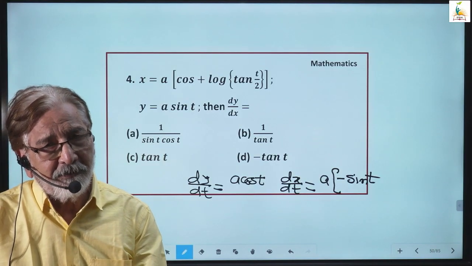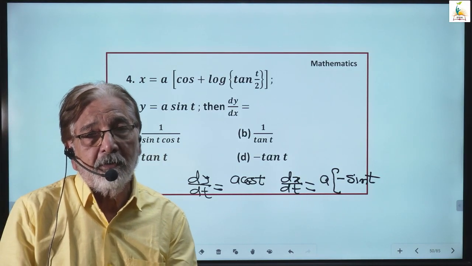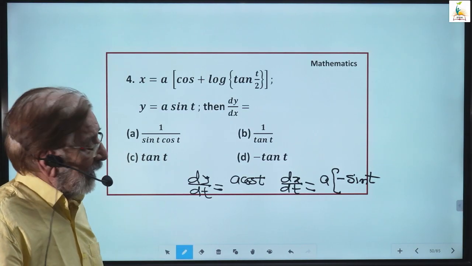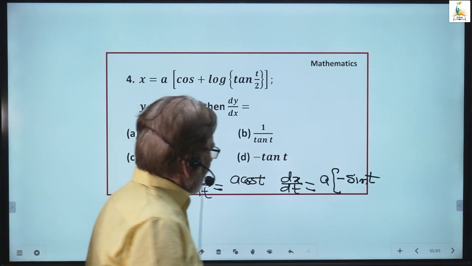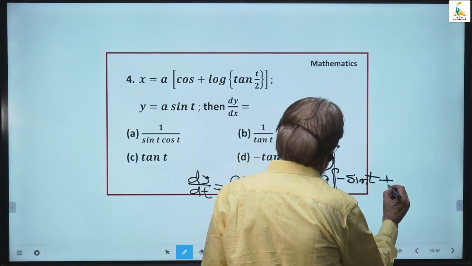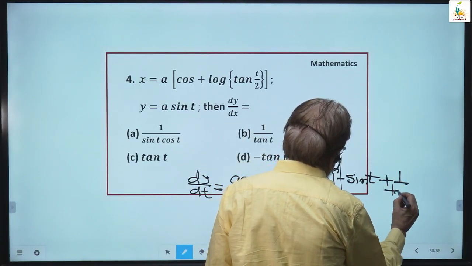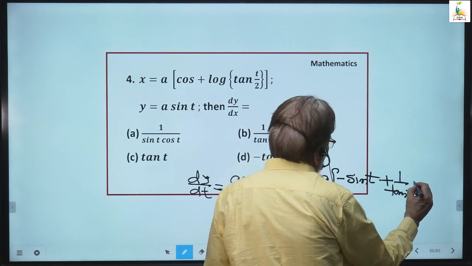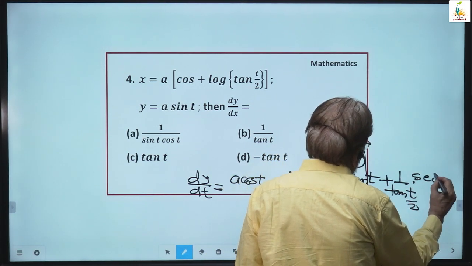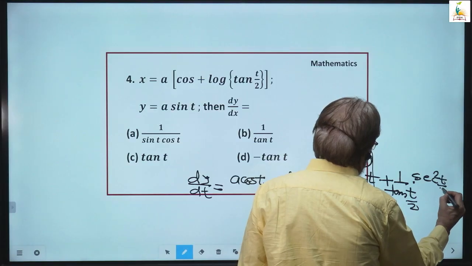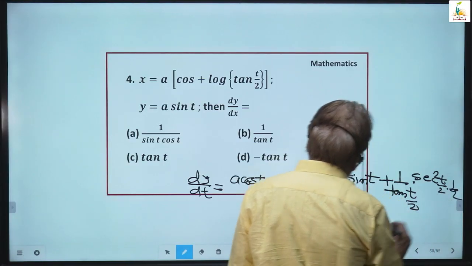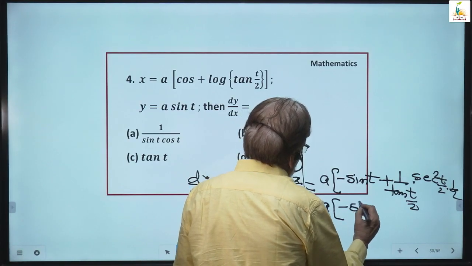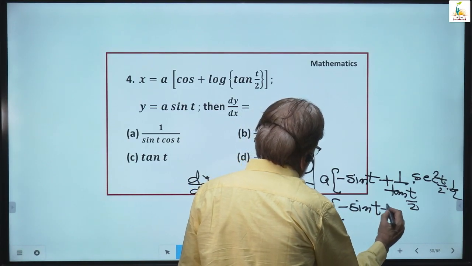The differentiation of tan t by 2 is sec square t by 2, and the differentiation of t by 2 gives half. We shall get the differentiation of log tan t by 2 as 1 upon tan t by 2, times sec square t by 2, times half, so this will be a into minus sin t plus 1 upon sin t.